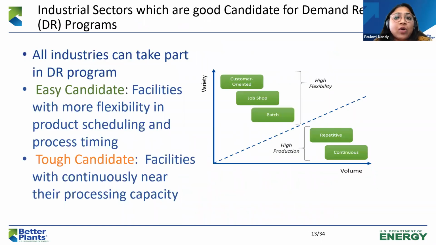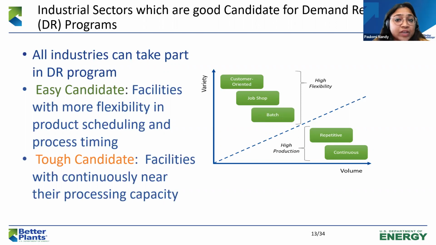So as I mentioned, all facilities can take part in demand response (DR) in some way or the other. For some, it might be easier. For some, it might be a little more difficult, depending on how they operate and the flexibility of their production.